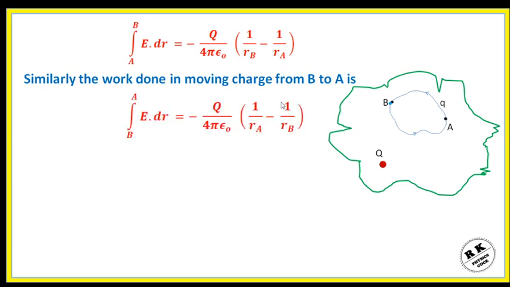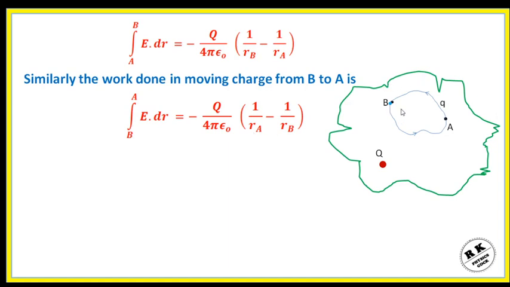You can do it on your own; I am writing here directly. So this is the work done in moving test charge from B to A. Only the change will be that RA and RB are interchanged.